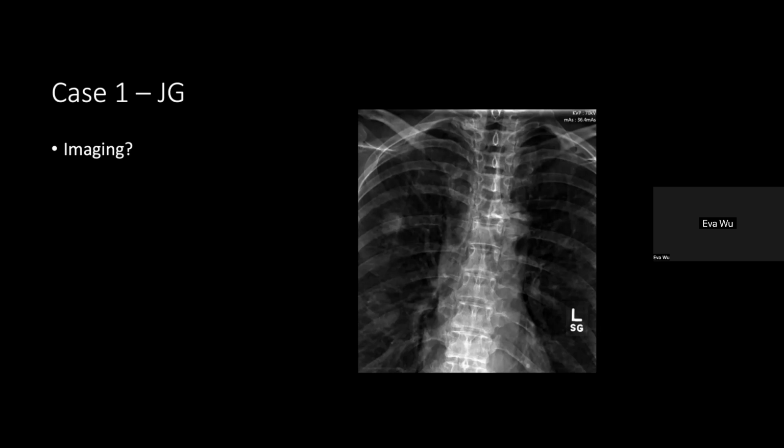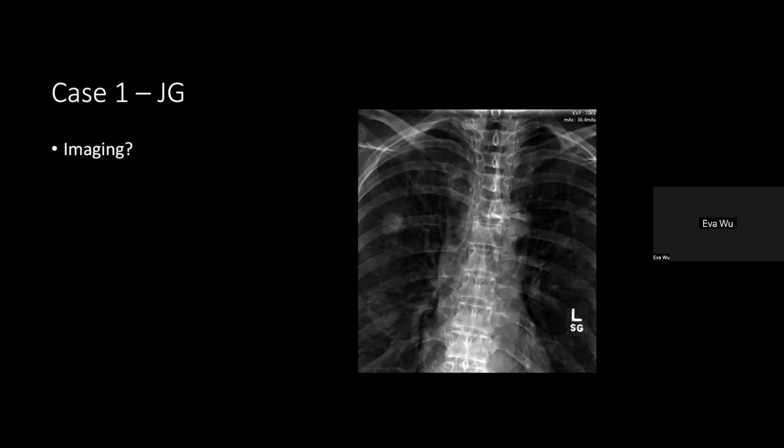And would you also get imaging of the rest of the neuroaxis? Yeah, I would get a CT of the lumbar spine, because only CT thoracic spine was done, right? Yeah. I would get that because the T spine CT didn't show anything except the fracture that was repaired with the kyphoplasty.